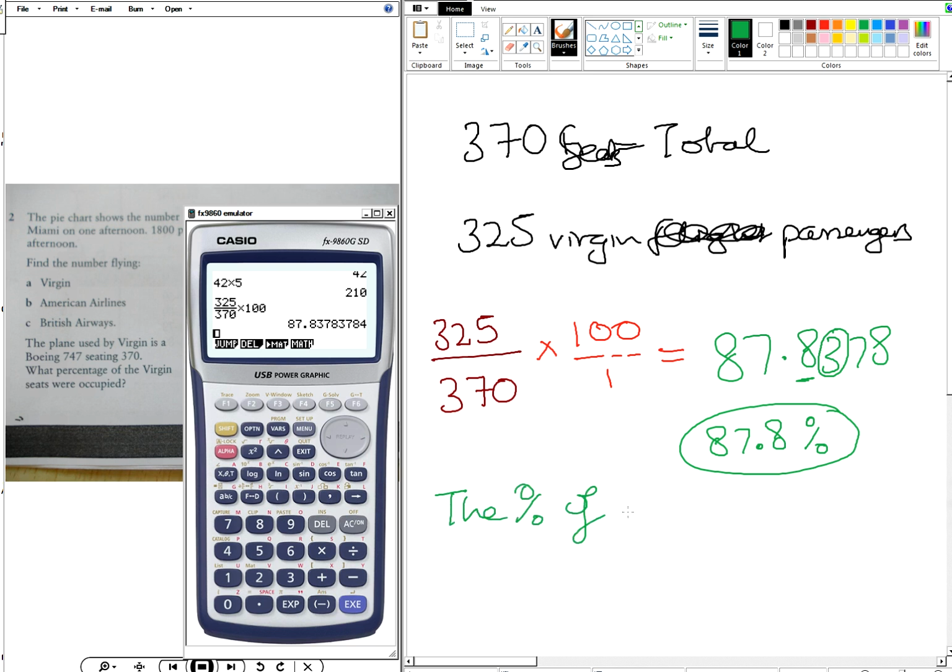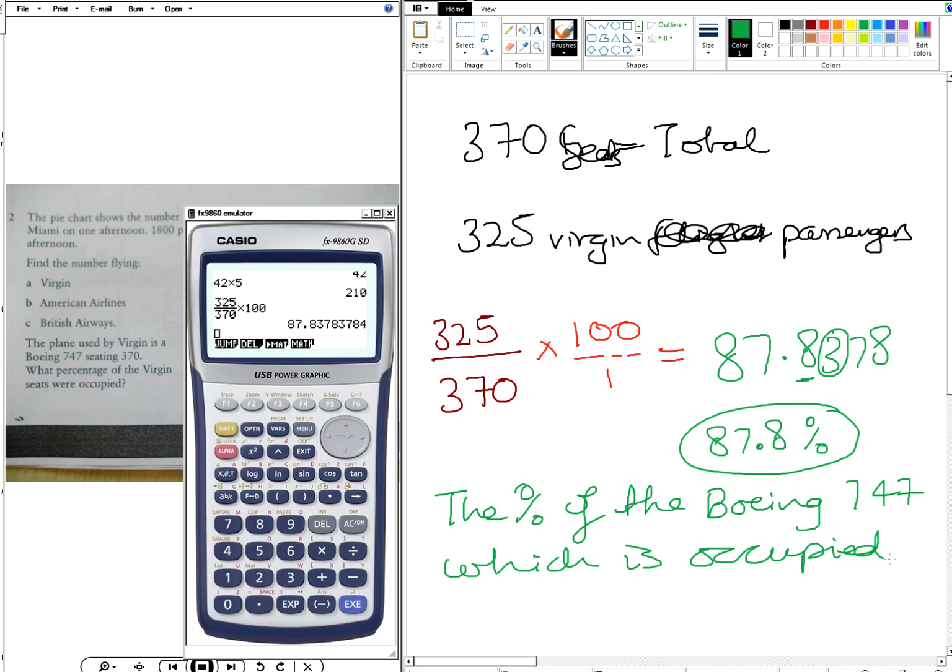This is the percentage of the Boeing 747 occupied. Okay, we're happy with that.